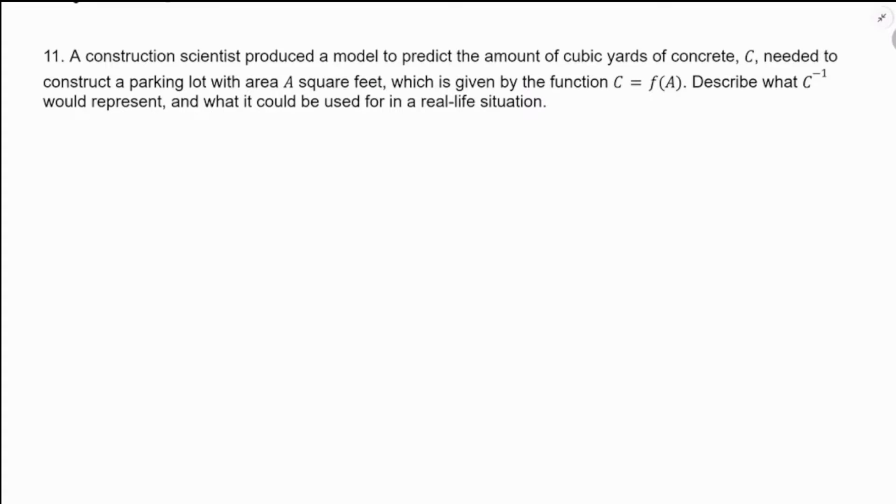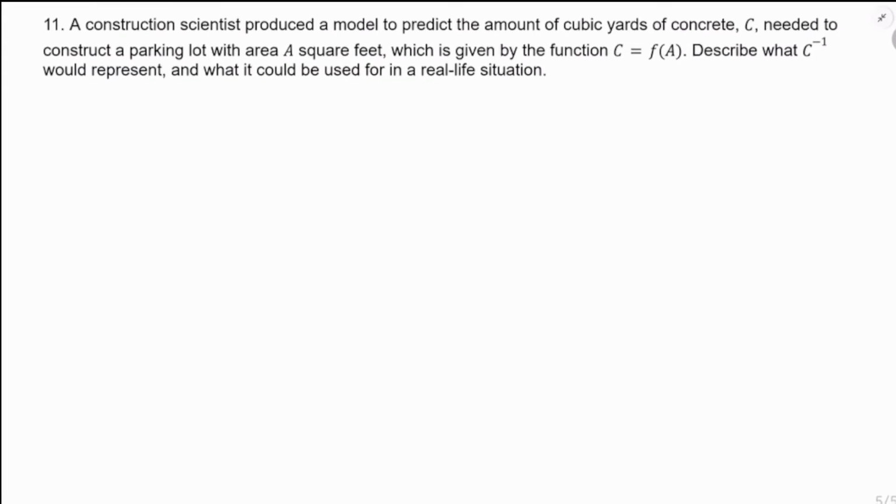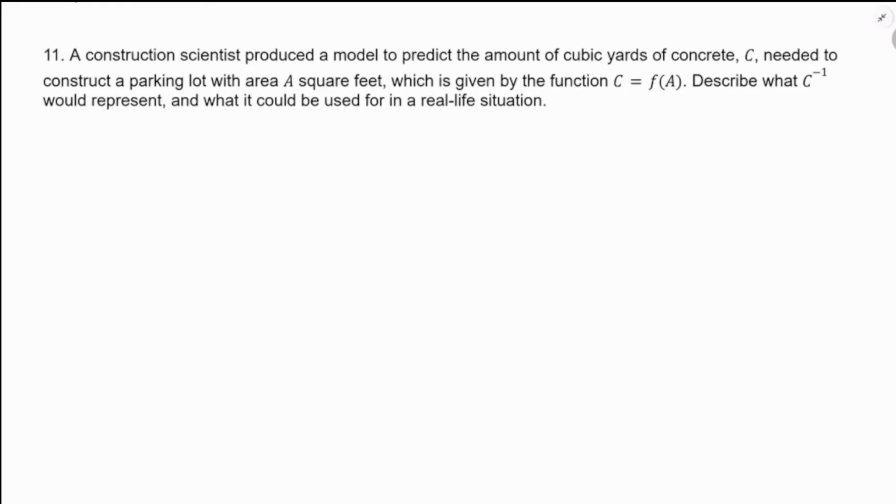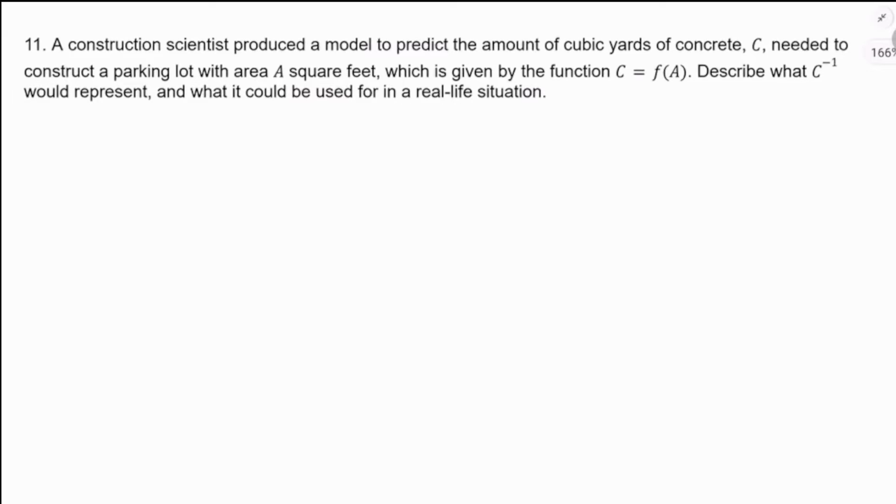And the last one we've got here is a construction scientist produced a model to predict the amount of cubic yards of concrete, C, needed to construct a parking lot with area A square feet. So if we're going to give the construction scientist an area that we need covered, and we need to do this function f to it, or really I guess it's c.